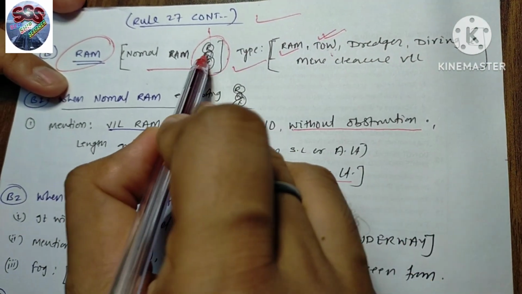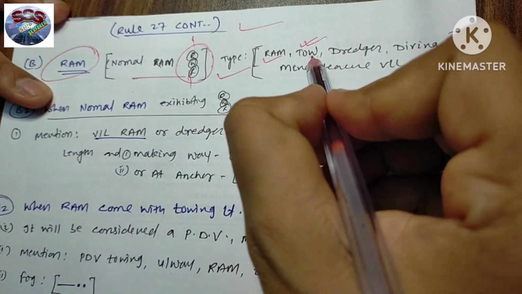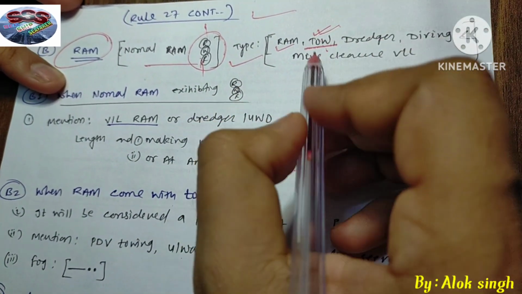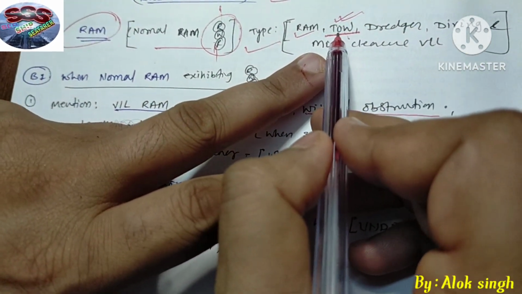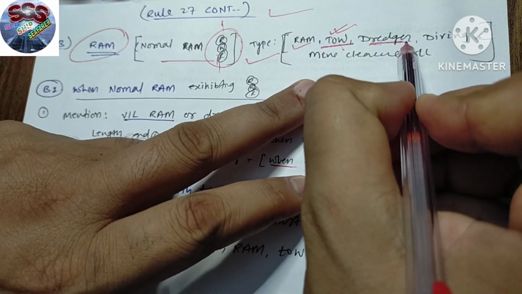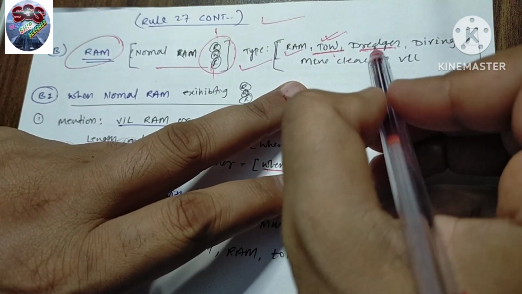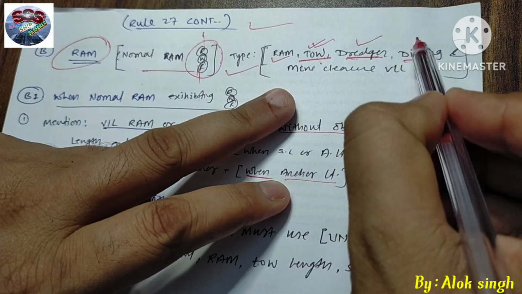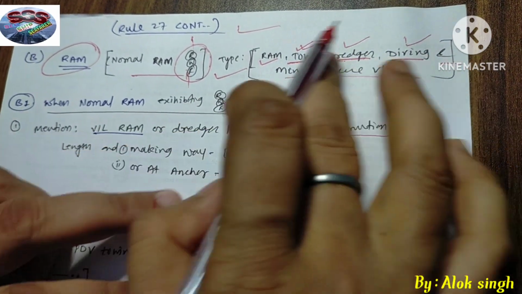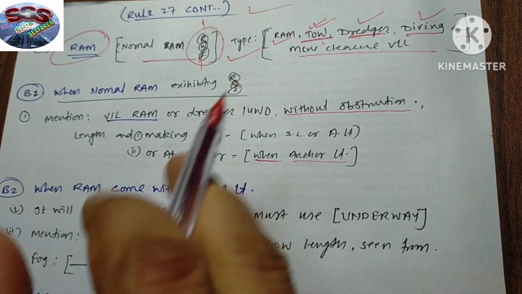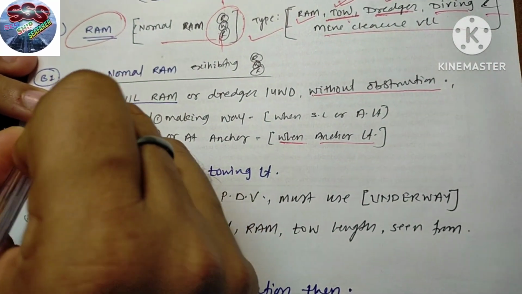If these lights are showing, then that vessel is a tow RAM. We'll discuss that later for the particular vessel. The next types of RAM vessel are dredger, diving vessel engaged in diving, and mine clearance. These are the types of RAM, and we will talk about all of them one by one.